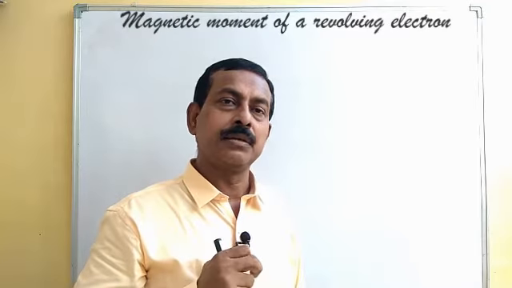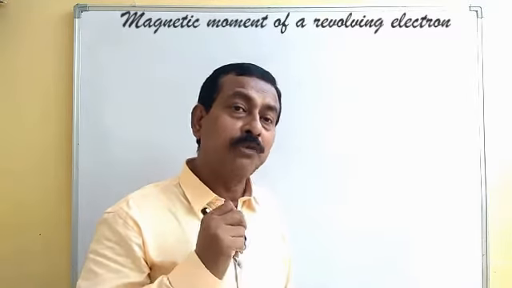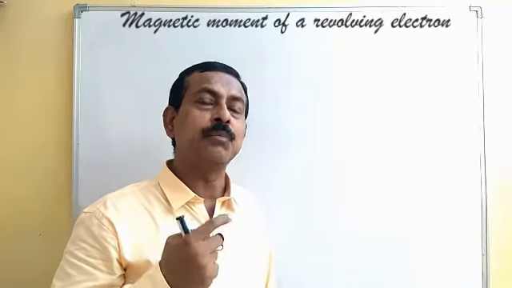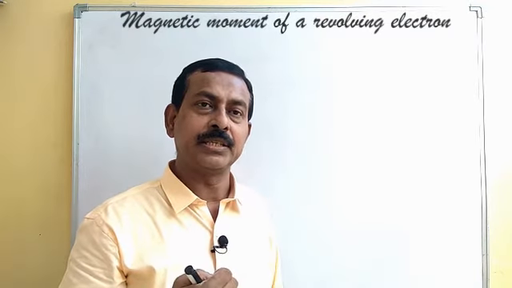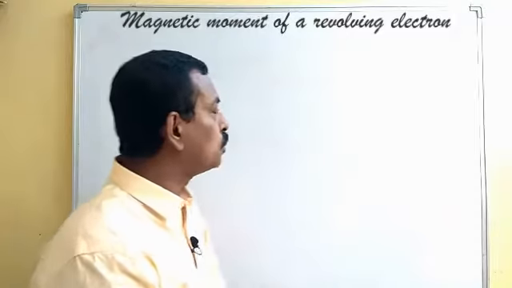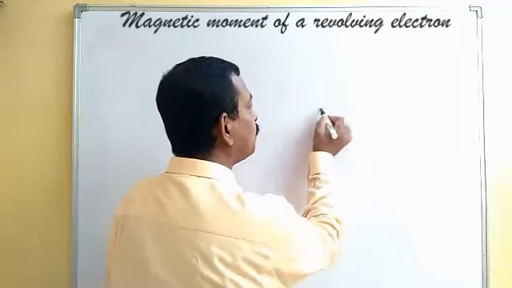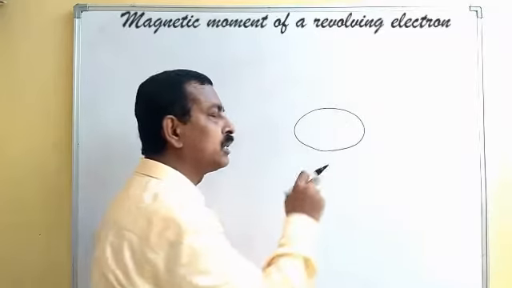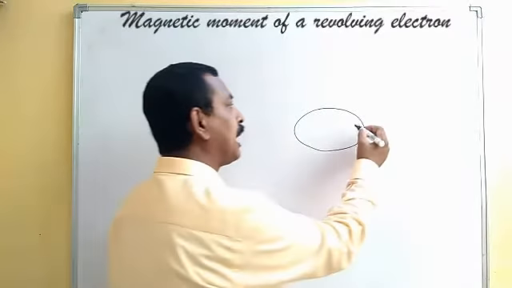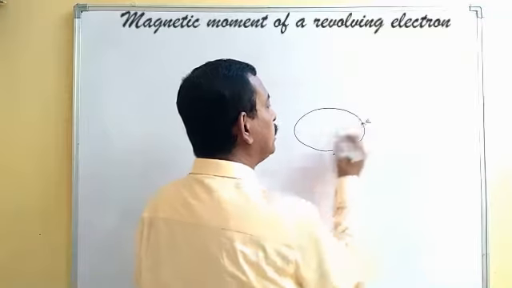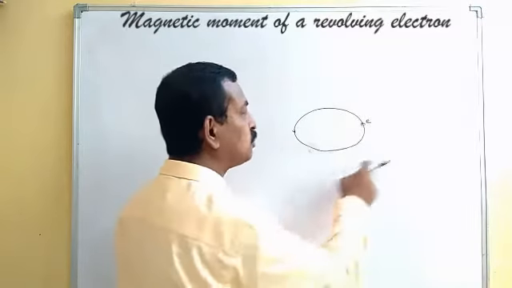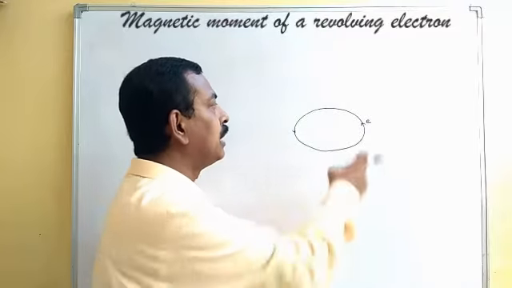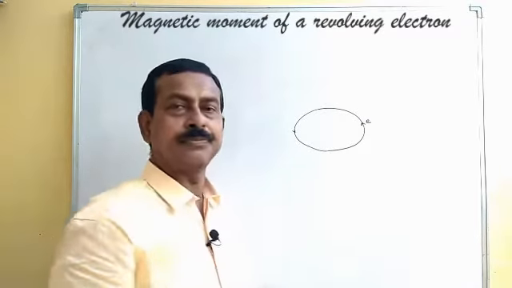Let's now take the case of a revolving electron. We'll try to see how magnetic moment is associated there. So suppose you have an orbit in which the electron is revolving. Suppose we have the electron E revolving in this direction. That means we have taken the revolution of the electron in the anti-clockwise direction.